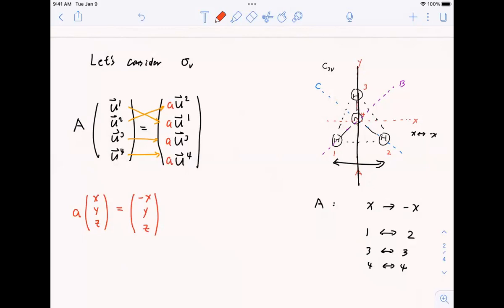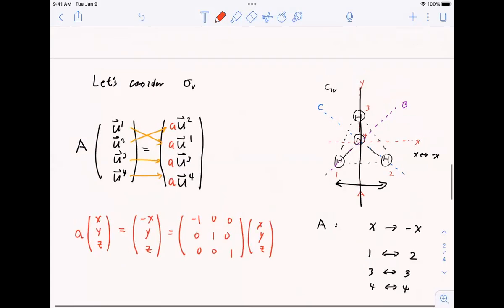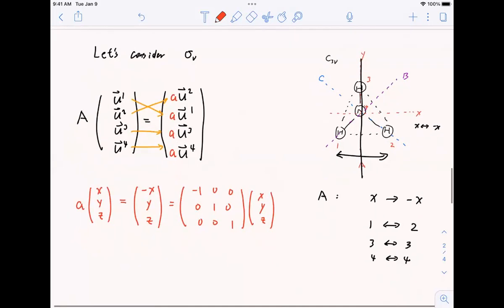So this will be negative 1, 1, 1, 0, 0. Is it okay? Once you apply A on this whole space, all the atoms change position according to here, and every vector is going to flip the sign of the x.